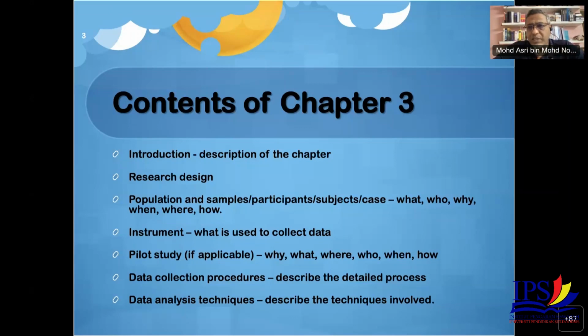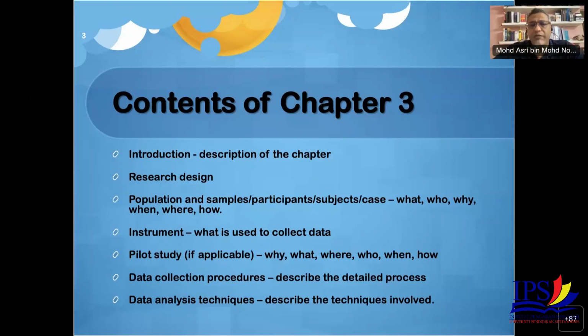Especially if you're doing a PhD, Mode A, EdD, of course you need to cover as much ground as possible because you want to show that you really understand the concept itself, leadership itself, because that is PhD or Mode A. But for a project paper, you don't have to cover everything in detail.